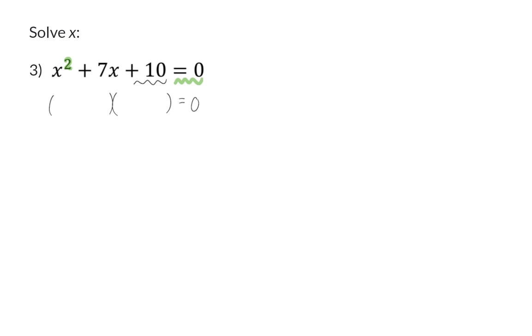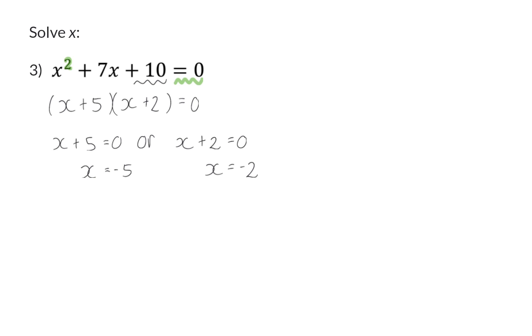So the 2 brackets will be x plus 5 times x plus 2. Next, I can take each individual factor and equate it to 0, and that means that my final answers will be x is minus 5 or x is equal to minus 2.